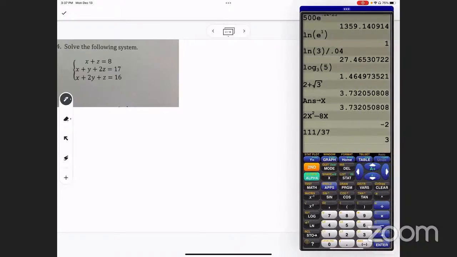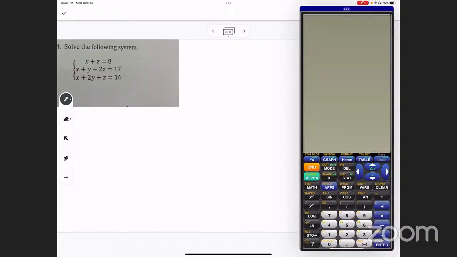You can just watch. Now, this is not really how they want you to do it, but it's definitely the easiest way to do it. So what you do is you take your calculator, and your first matrix is called your coefficient matrix. So I take all the coefficients: 1, 0, 1, 1, 1, 2, 1, 2, 1. So I put all those coefficients here.